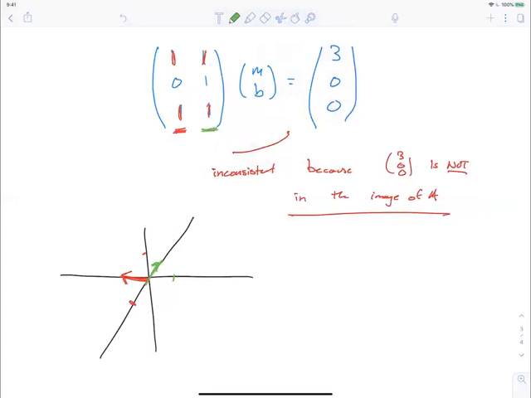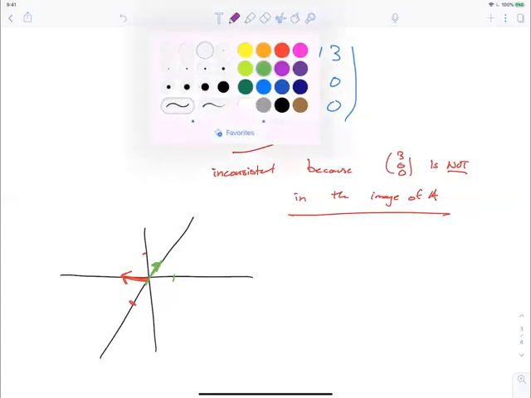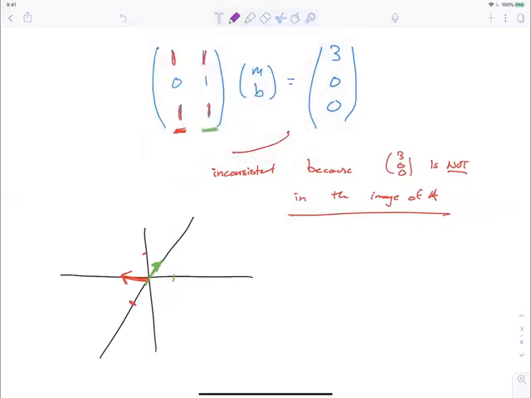And those two vectors span a plane, which might look something like this right here. It's kind of going downwards in the plane. It goes through the origin. That plane is now the image of A. So those are two vectors that created the image of A.